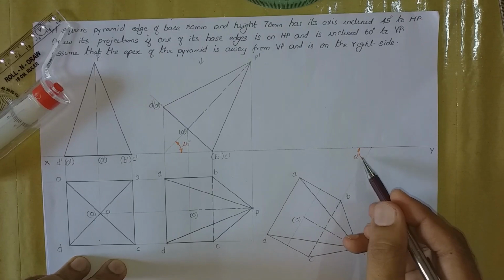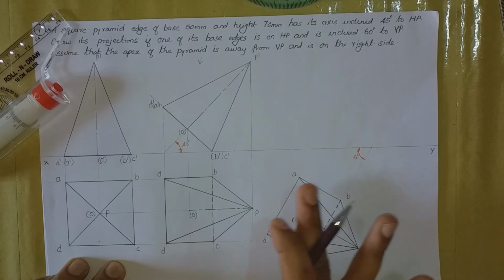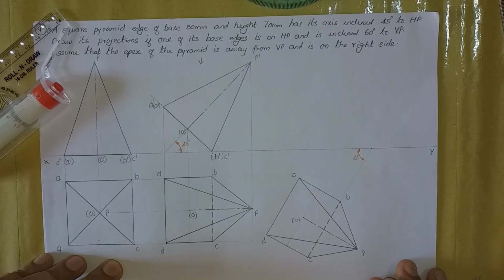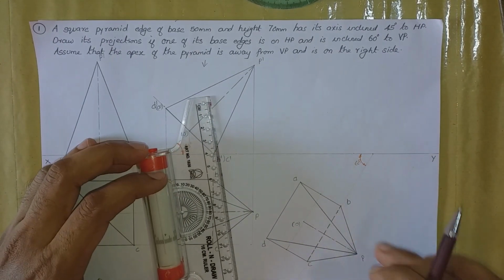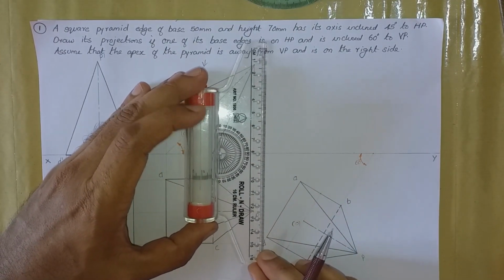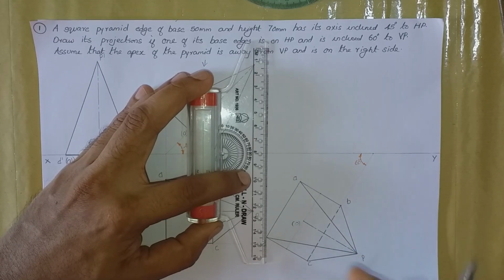So this is inclined at an angle of 60 degrees. These two diagrams are dimensionally the same. So this is the final top view, and we have to draw the final front view. In order to draw the final front view, we have to extend projectors from the present top view. So we shall extend projectors from each and every line point of the present top view.